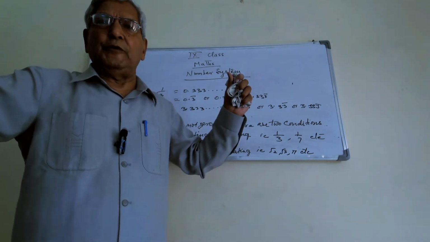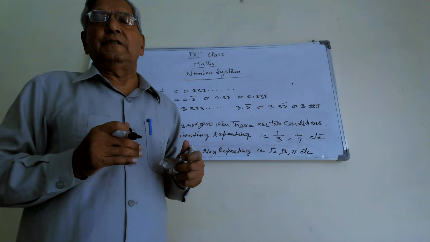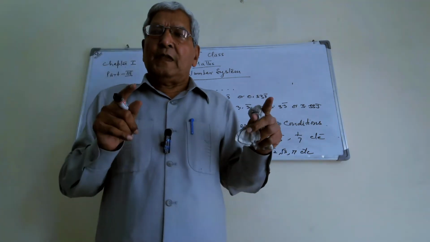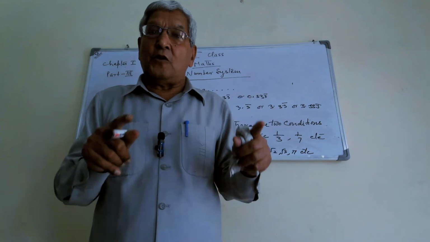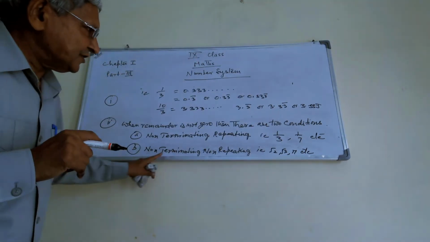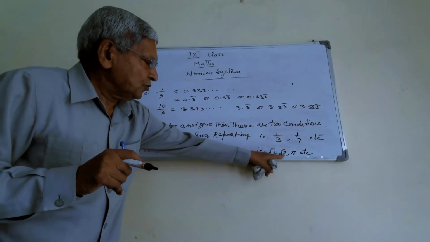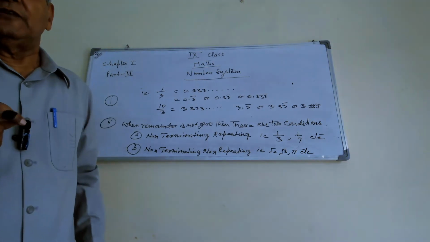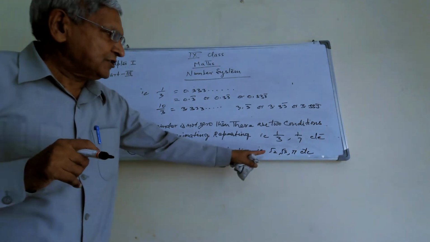So there will be no end of the division. So this type of numbers are called non-terminating, non-repeating. Examples of these numbers are root 2, root 3, pi, etc. So these numbers are called irrational numbers.